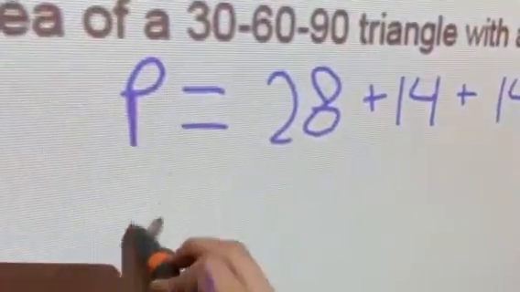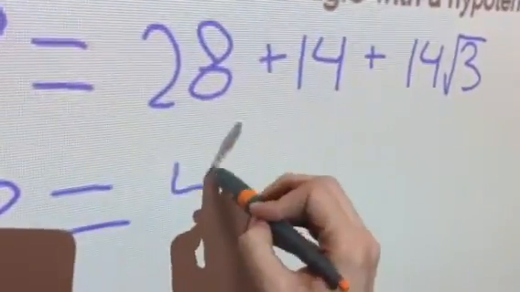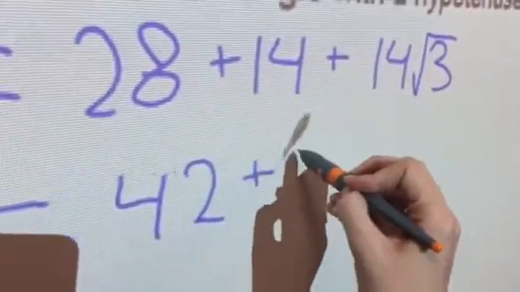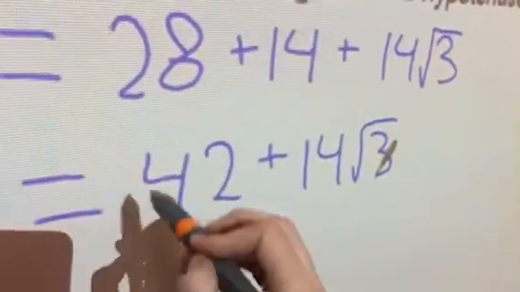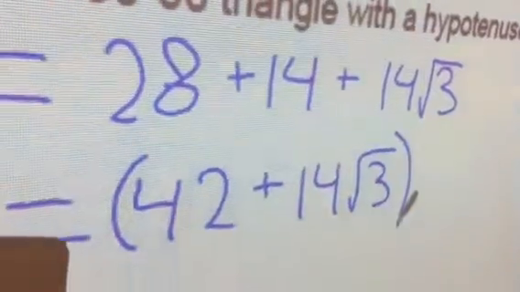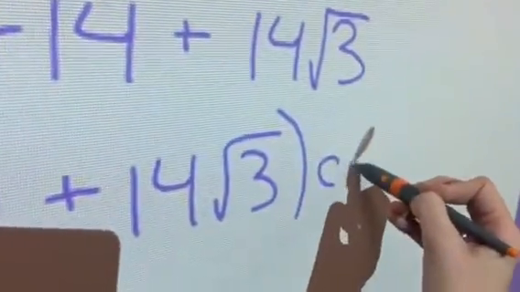Okay, so my perimeter equals 42 plus 14 root 3. And that's it. Can't simplify that anymore. Of course, we can put centimeters, if we're adding our units, which we should.